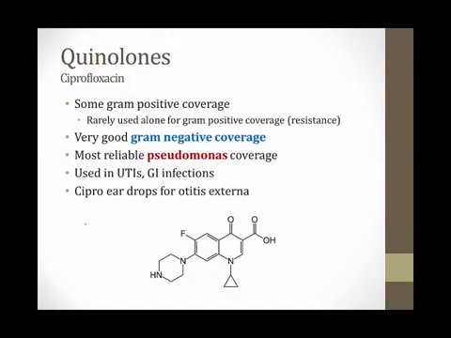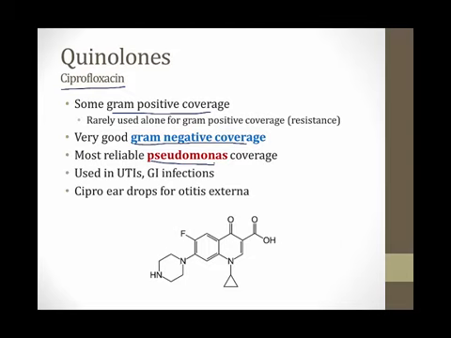After those early quinolones, the quinolone structure was modified until ciprofloxacin came to market. Ciprofloxacin has the structure shown on the screen here, and it quickly became very popular, and it's still commonly used today. Ciprofloxacin has some gram-positive coverage, although it's rarely used alone to cover gram-positive organisms because of resistance. Its major advantage is that it has very good gram-negative coverage, including the bacteria Pseudomonas aeruginosa.